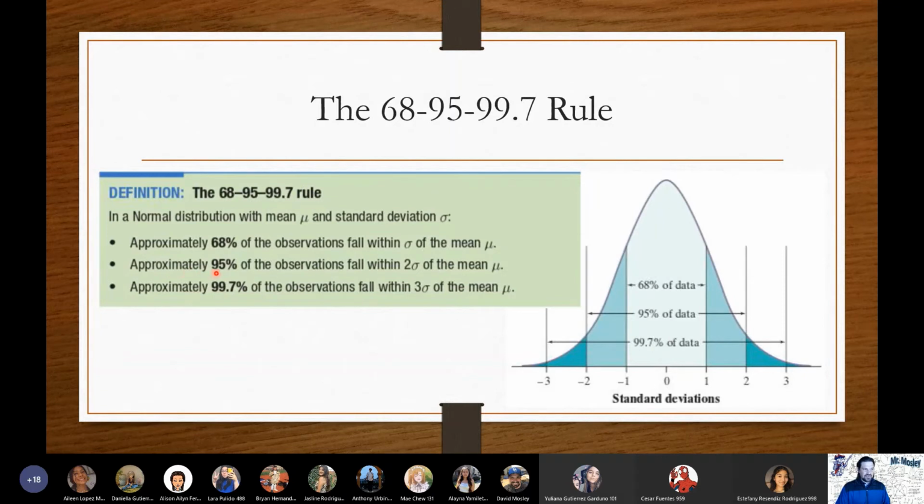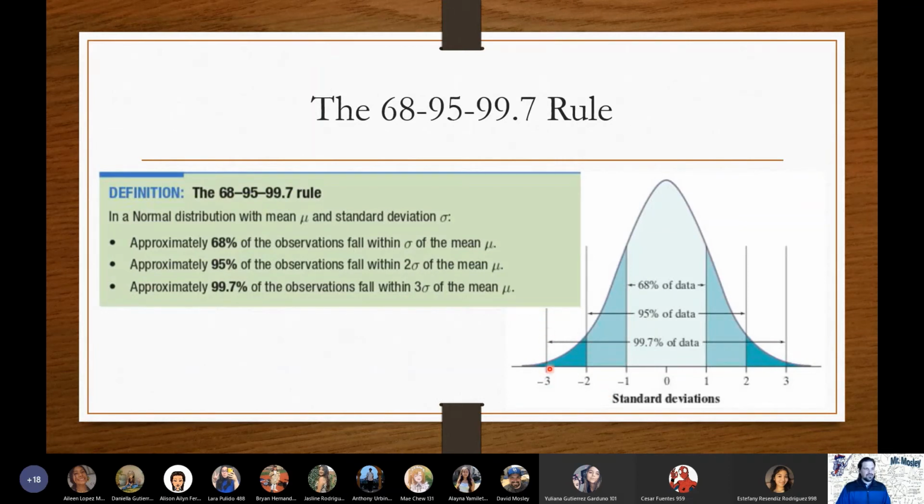We get approximately 95% of the observations fall within 2 sigma of the mean mu, or 2 standard deviations. So from -2 here to +2 here, this area under the curve is approximately 95% of the data. Approximately 99.7% of the observations fall within 3 sigma of the mean.